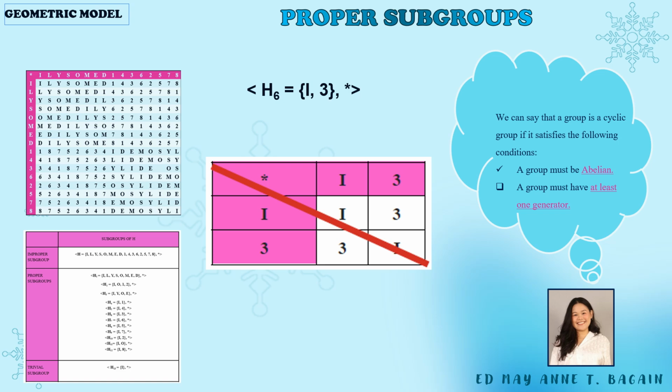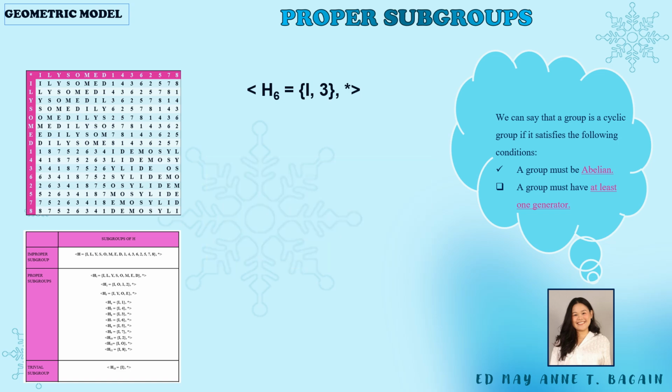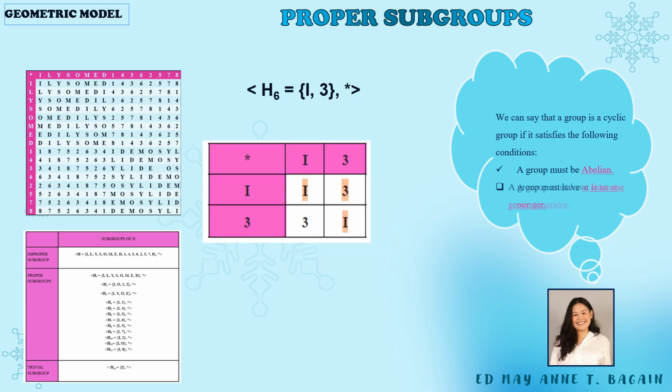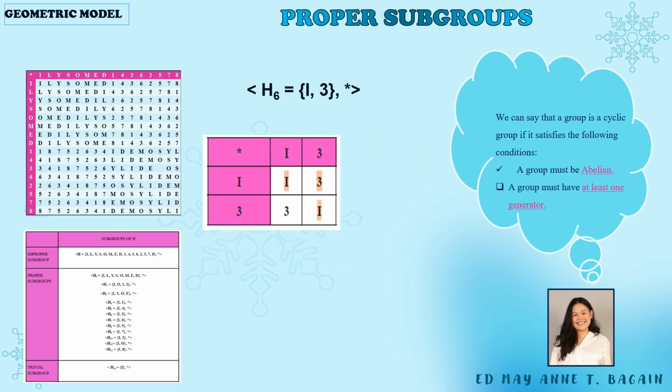So this table shows that H sub 6 is abelian because the elements are all the same on the diagonal line. It is symmetrical through the diagonal line and the first condition has been met. Now we will be looking at the next one. We have, yes, at least one generator. And that generator is what?